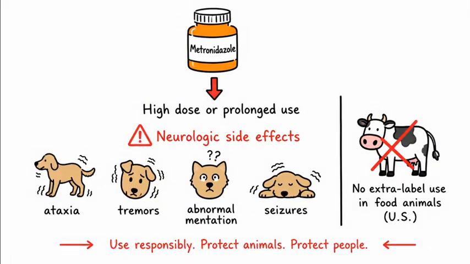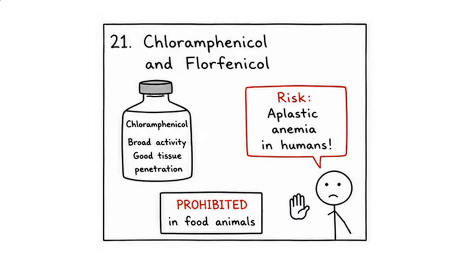Metronidazole can cause neurologic signs at high doses or with prolonged use, including ataxia, tremors, abnormal mentation, and seizures. It is also prohibited from extra-label use in food-producing animals in the United States, so again, food animal medicine adds another layer of responsibility.